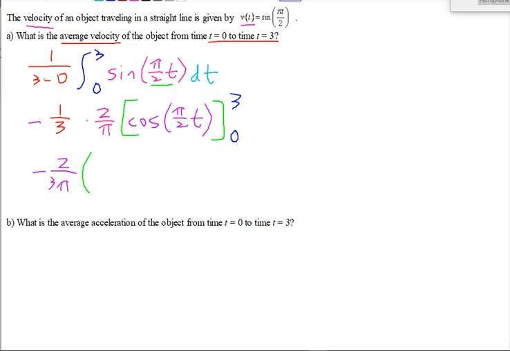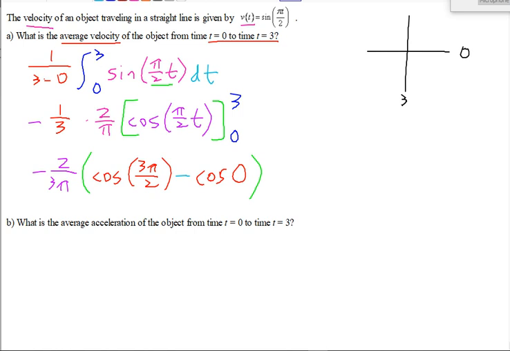And then when you substitute in 3, you get cosine of 3 pi over 2, minus, when you substitute in 0, that wipes everything out inside there, so it just becomes cosine of 0. So if we draw our unit circle here, 0 is right here, 3 pi over 2 is right here.